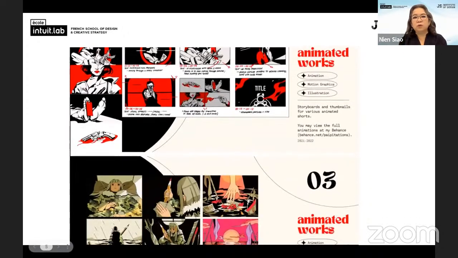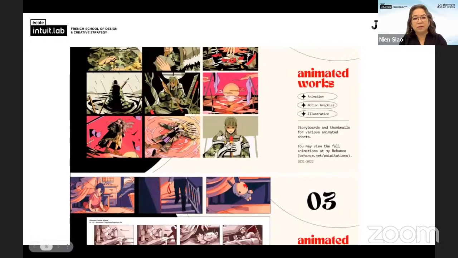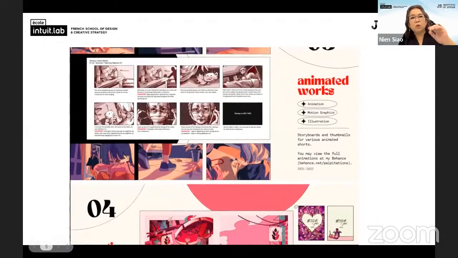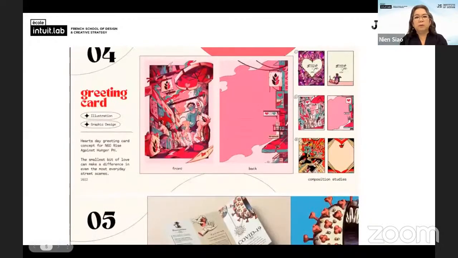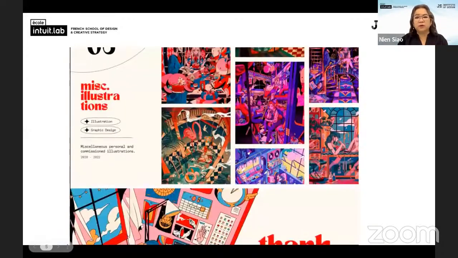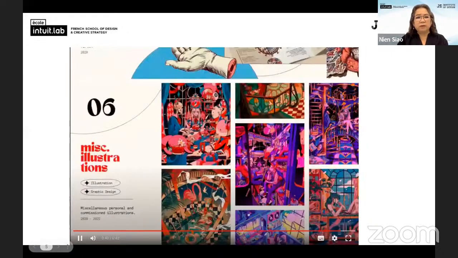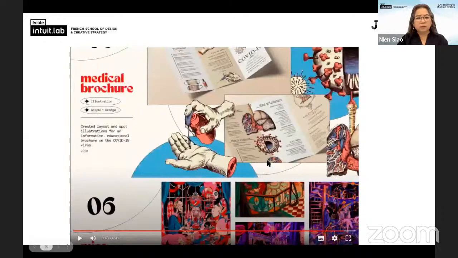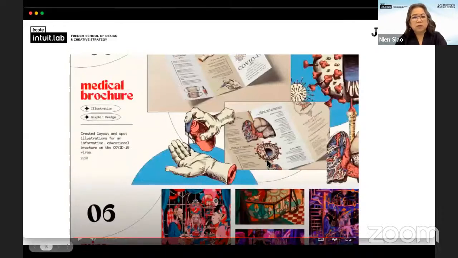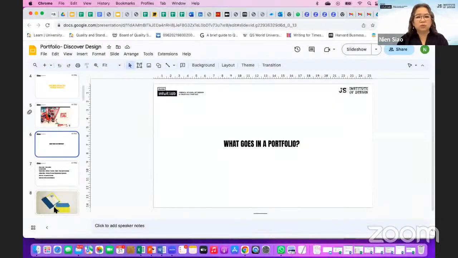And so you can immediately see very strong illustration styles, and you can see over here that these are different styles of illustration. So I think this is where we can see a showcase. She's showcasing her portfolio, and you in future will have to think of that too.